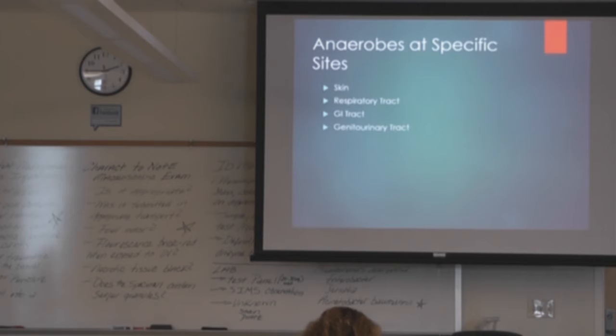Okay. So anaerobes at specific sites. So skin. If you have an abscess, the specimen on the skin needs to be aspirated by a needle, and it's much better than a swab. Okay. Respiratory, you're talking saliva and nasal washings, 90% of those are going to be anaerobes.